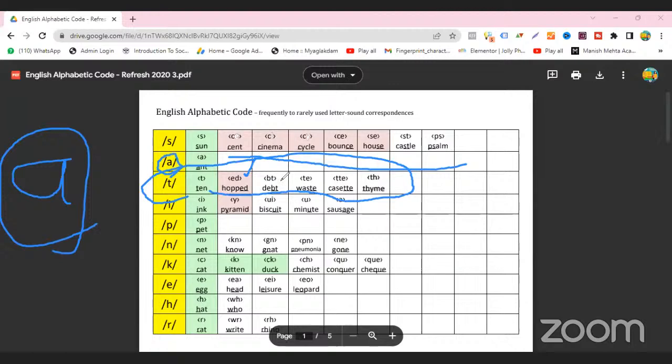Now whenever you have B and T, B is silent. When you have TE, E is silent. When you have double TE, then also E is silent. And in very few words, TH, H becomes silent. So make a silly sentence.